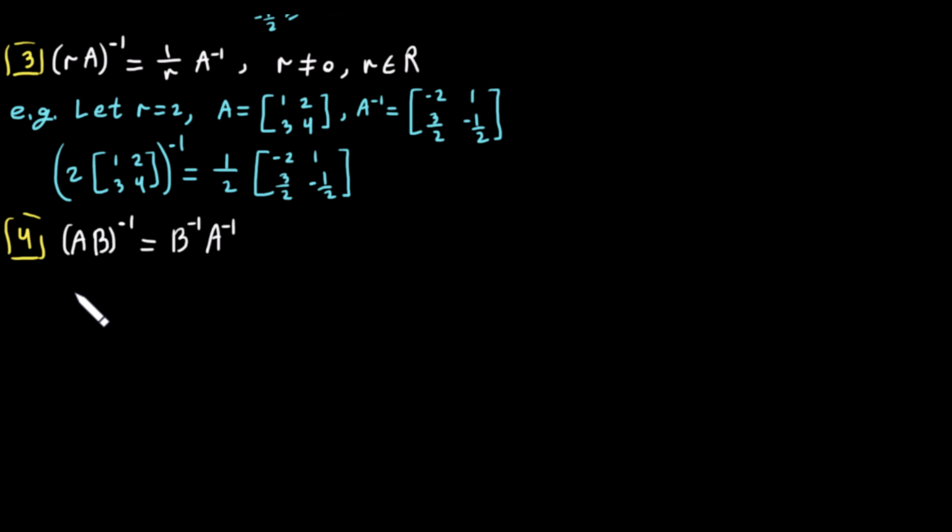And also, if you have A, B, C, 3 matrices multiplied together, if you put the inverse, you will get C inverse, B inverse, A inverse. Let's give you an example. I will write this A and A inverse here, so I will speed it up.